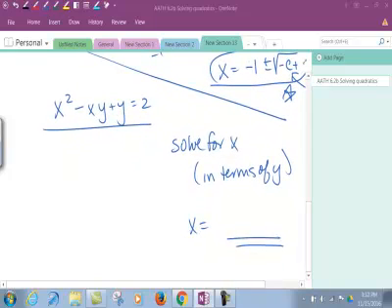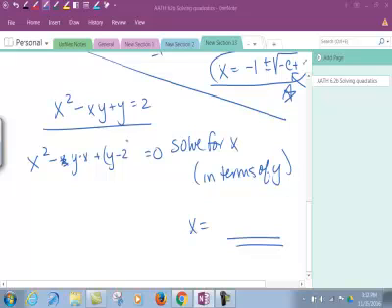In order to do this, of course, we set it equal to 0. To use the quadratic formula, complete the square, or factor, we need to set it equal to 0. So I get x squared minus y times x, and then plus y minus 2.